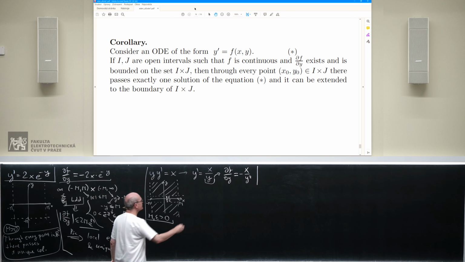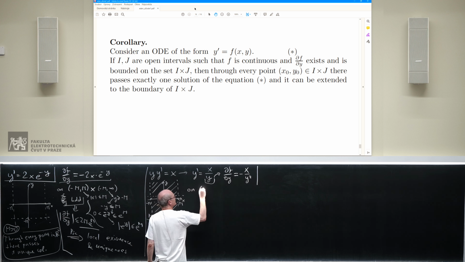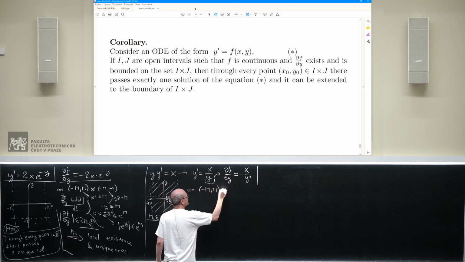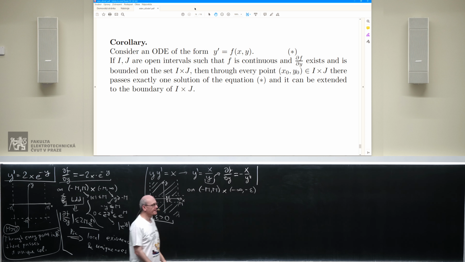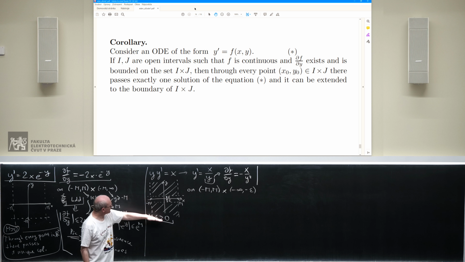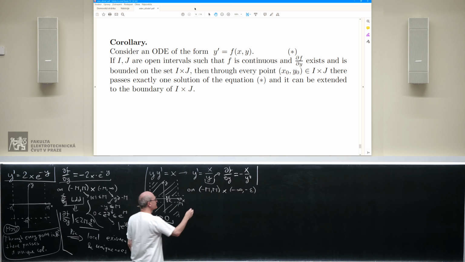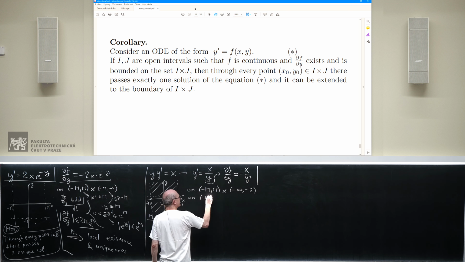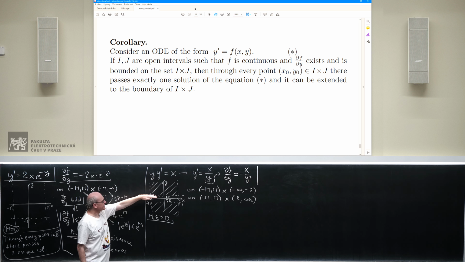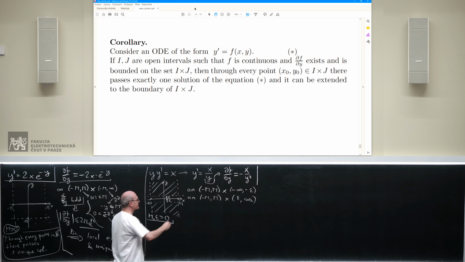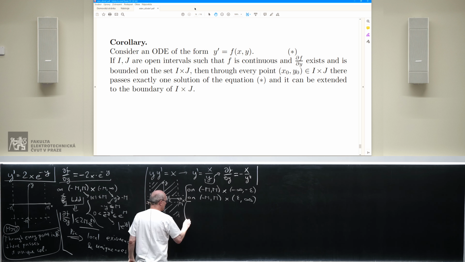So, on negative m to m cross negative infinity to negative epsilon, negative epsilon is the upper bound for the lower rectangle, and on negative m to m cross epsilon to infinity, that's the upper rectangle, I claim that the partial derivative is bounded. How do we get there?